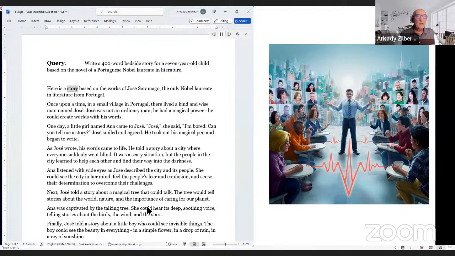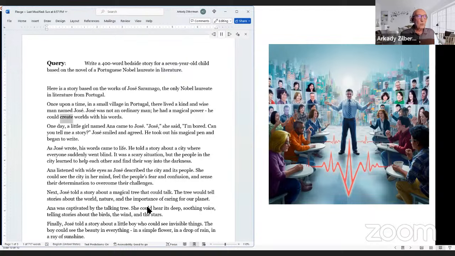Here is a story based on the works of José Saramago, the only Nobel laureate in literature from Portugal. Once upon a time, in a small village in Portugal, there lived a kind and wise man named Jose. Jose was not an ordinary man. He had a magical power.